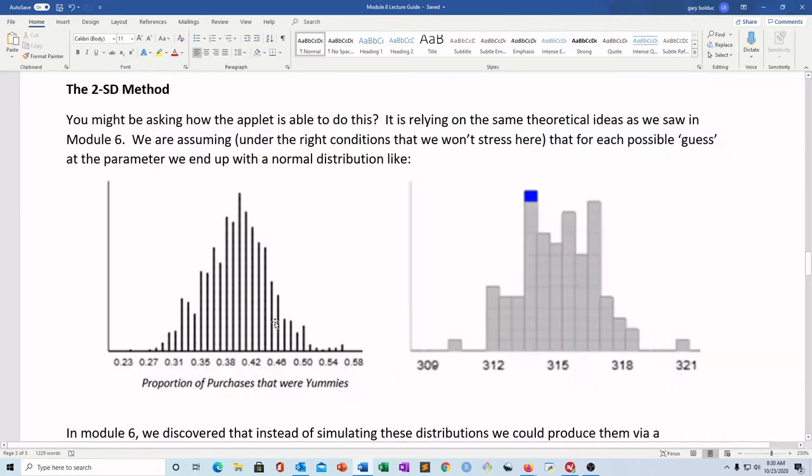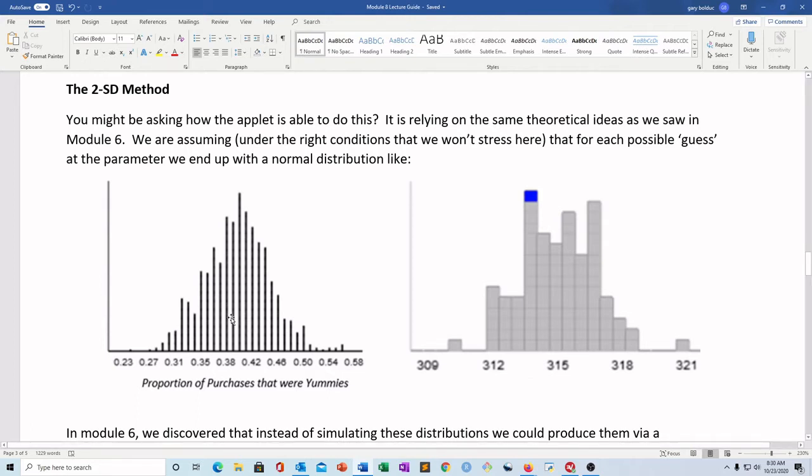And so this is called the 2SD method, and basically this is just based on all the work we had done in Module 6. So in Module 6, what did we discover? We said, look at all of these simulations that I've done. They all look really similar, right? They've got this bell curve. They're centered exactly where I know they should be. In Module 6, they were centered at the null hypothesis value because I told the computer, hey, this is the value that you should expect to happen the most.